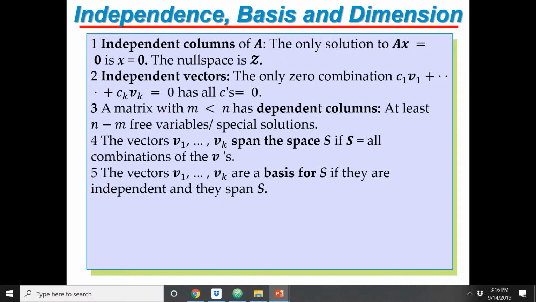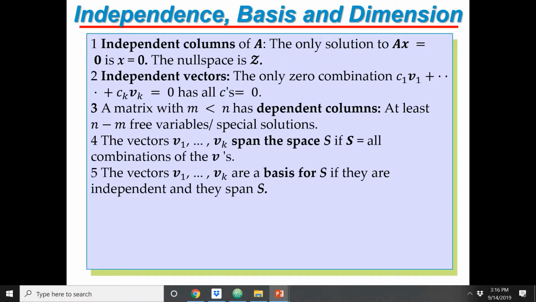So in essence, they identify what we call the basis for S, a minimum set of linearly independent vectors that can generate by linear combinations any vector in S, and we define that to be the basis of the space S.